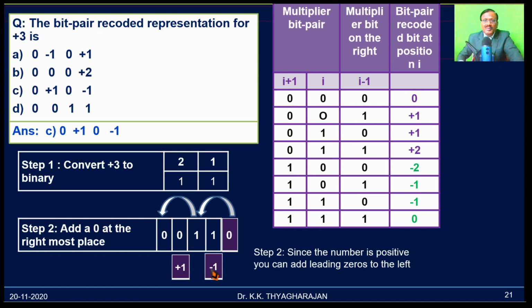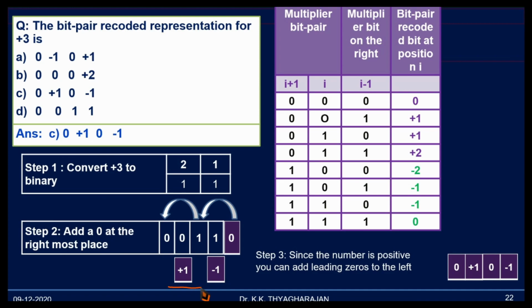But anyway, you remember that this +1 should be put here. That is, you should leave one place here. So the actual value is, you can put any leading 0. So 0 +1, you have to put 0 here, -1. Bit pair recoded multiplier is a Radix-4 multiplier.